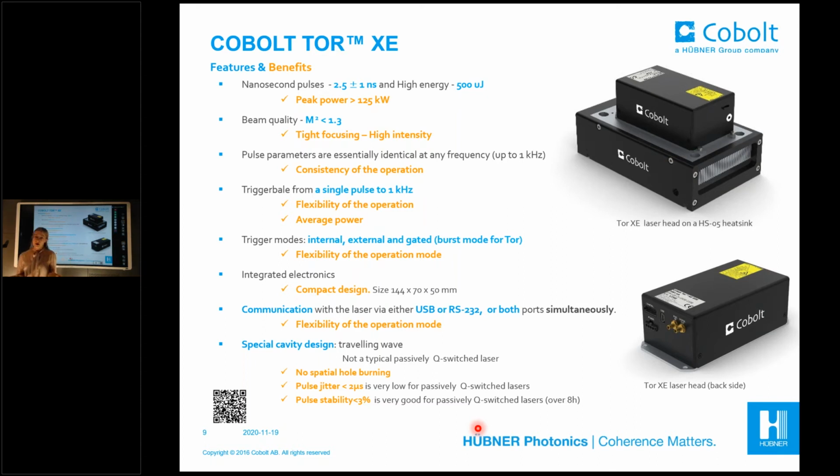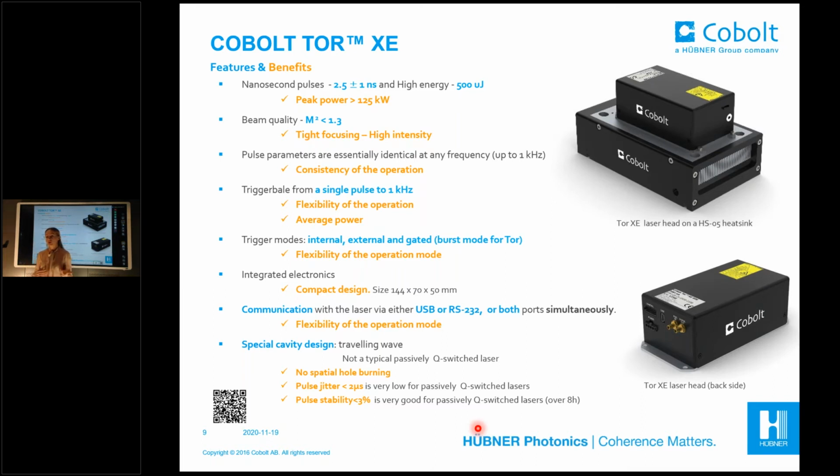The pulse parameters are essential regardless of which operation frequency you run the laser at, and that provides consistency of the operation. As Charlotte just demonstrated, the laser is triggerable from a single pulse up to 1 kilohertz, and that provides a lot of flexibility in the operation.